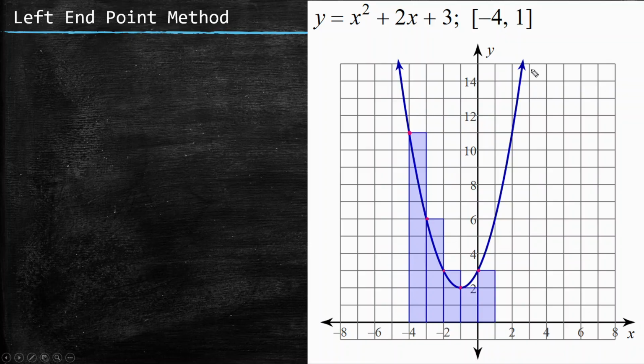In this problem, we are finding the area under the graph from -4 to +1. As you can see, this will be an approximate area calculation because this part is not desired to be a part of the area, because we want to find the area under the graph.